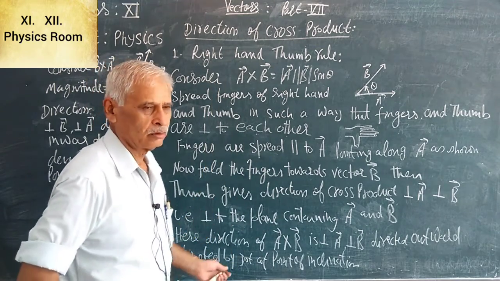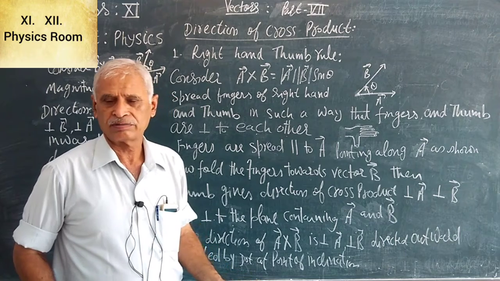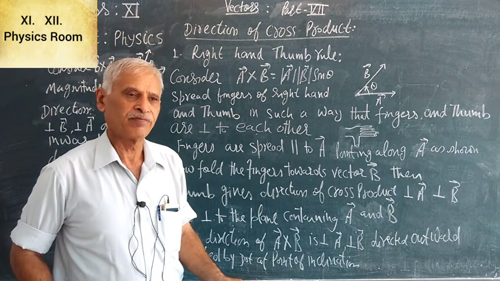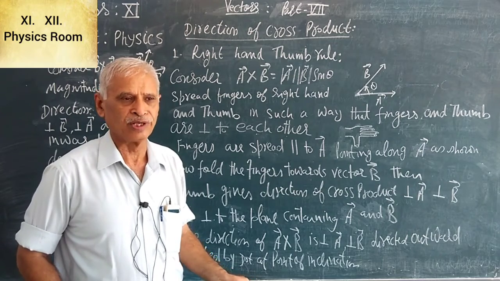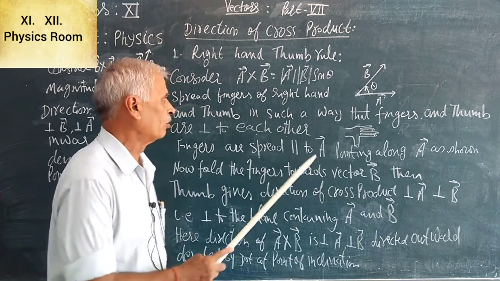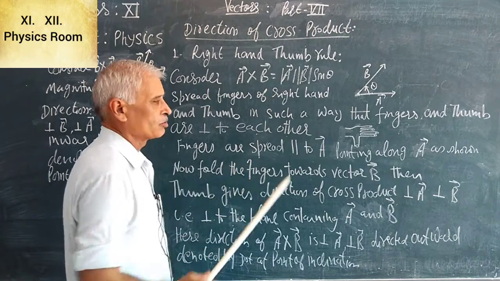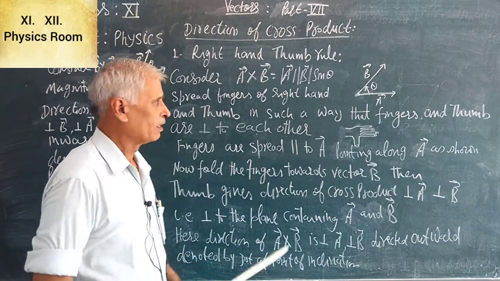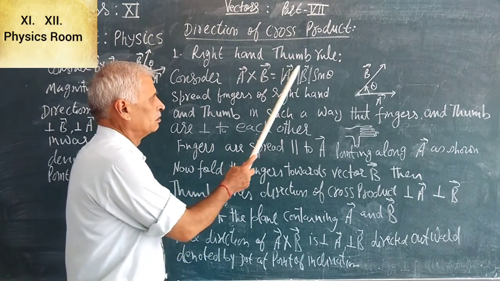I told you the direction of the cross product can be found by using either the right hand thumb rule or the screw rule. So let us take up first the right hand thumb rule.